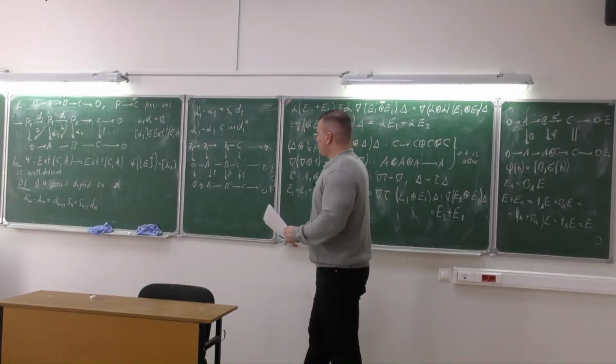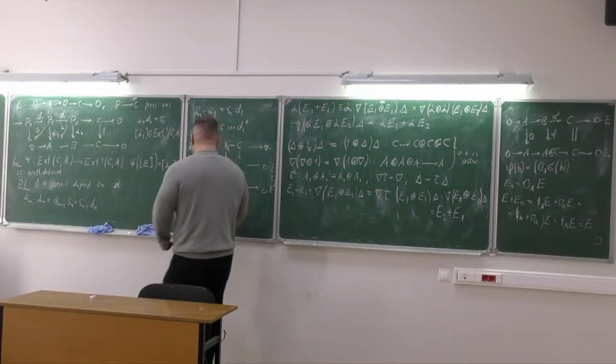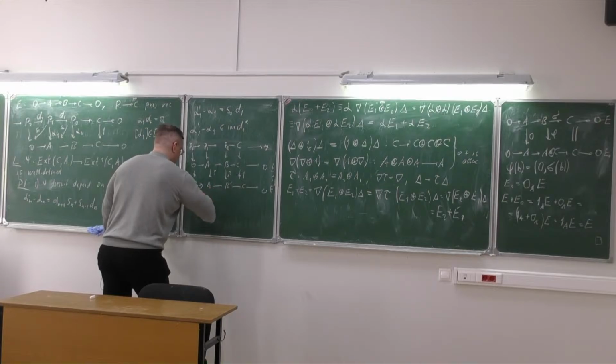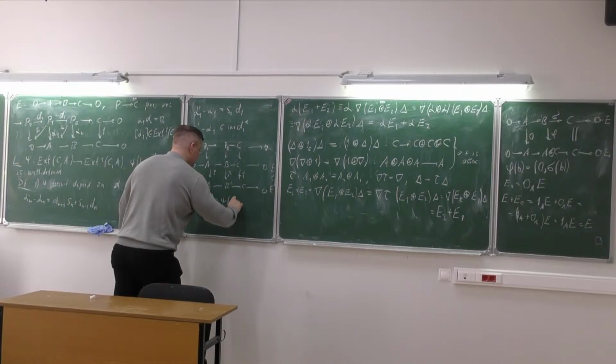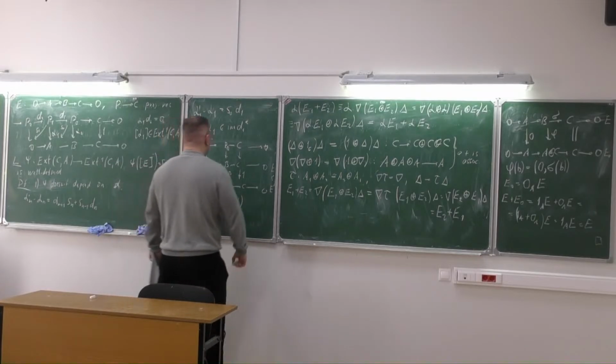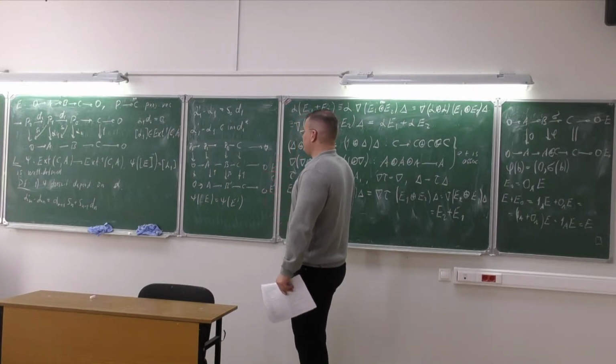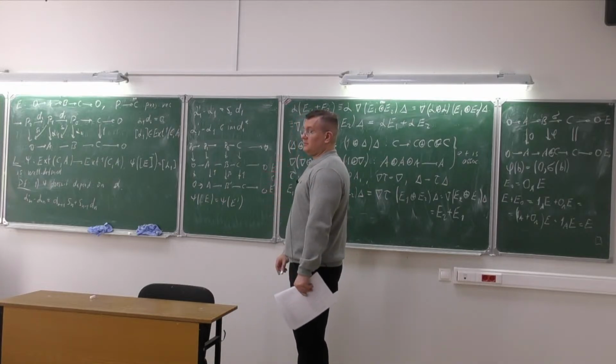And I want to show that the class of E is the same as the class of E prime. Which I think, if you just look at this diagram, is clear. Right?